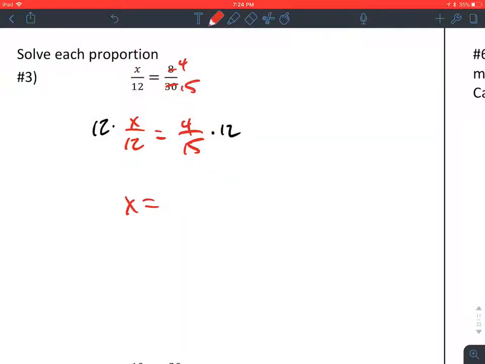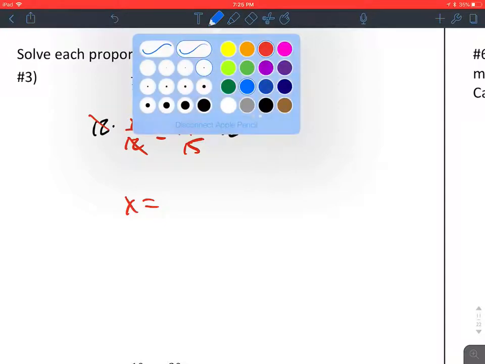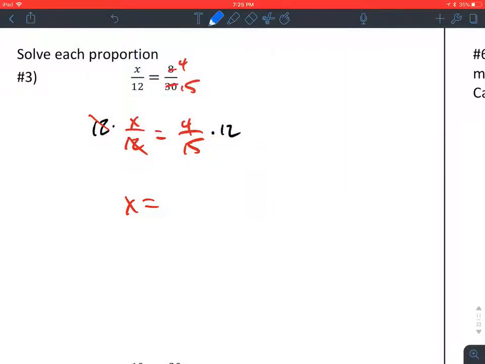On the left, it's going to give me x, because 12 divided by 12 is 1. On the right, we got 4 divided by 15 times 12. I can divide both 15 and 12 by 3. 3 goes 5 times into 15, and 4 times into 12. I'm then left with 4 times 4 on the top and divided by 5 on the bottom. So x is 16/5.